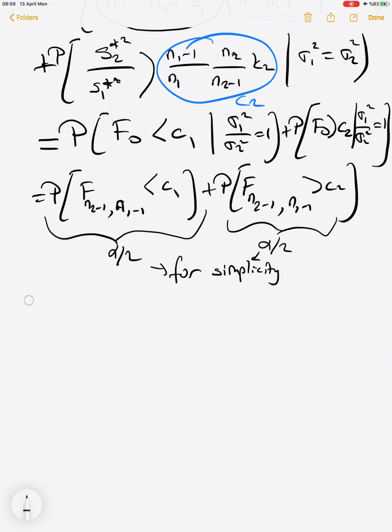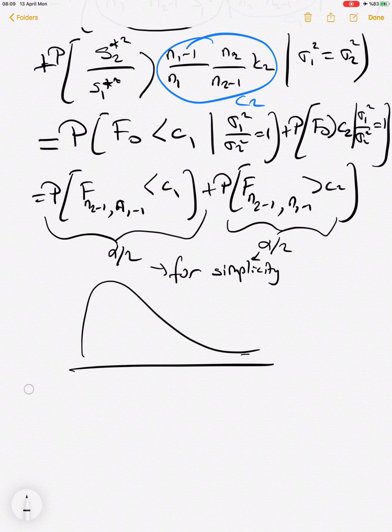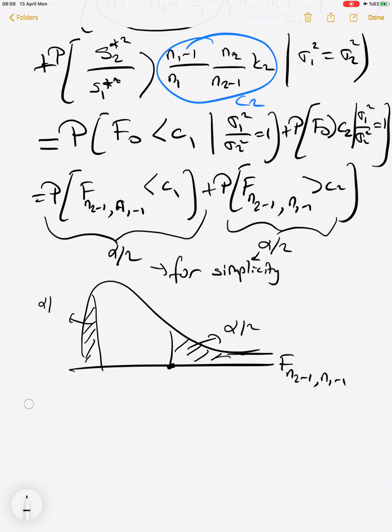Then we have to use the F table, right? It is right skewed, with n2 minus 1 and n1 minus 1 degrees of freedom. So we need to find these areas and the points, alpha over 2. This point is C1 and this point is C2.